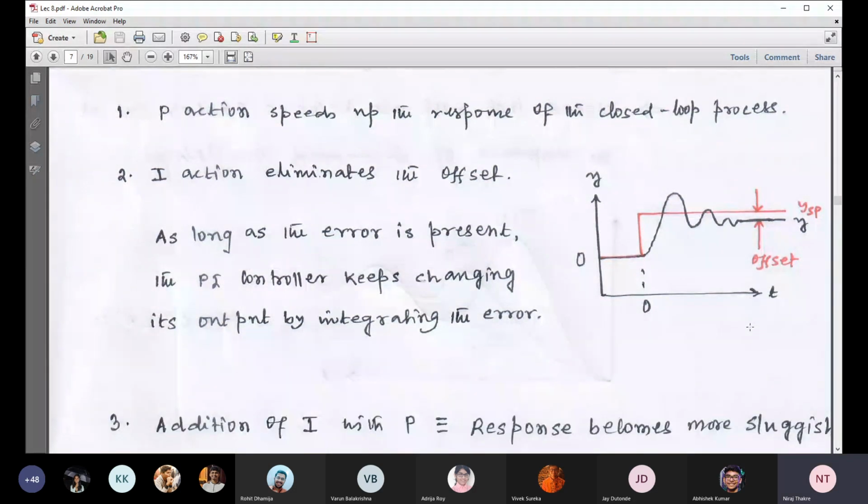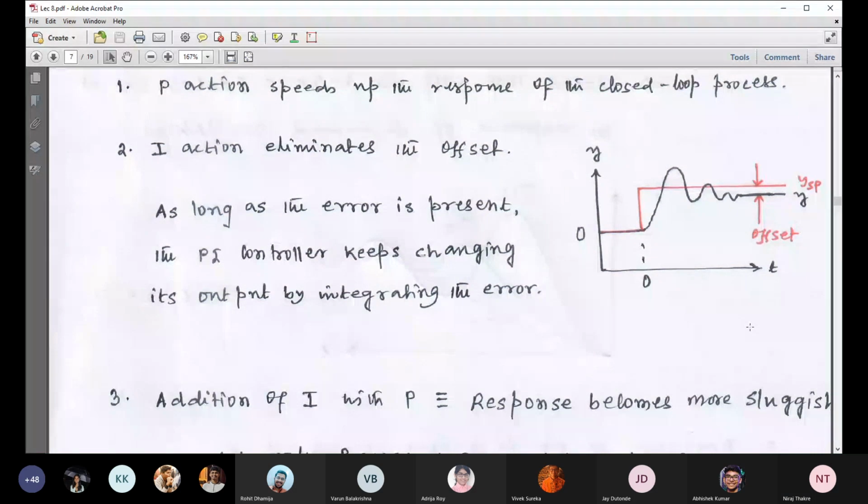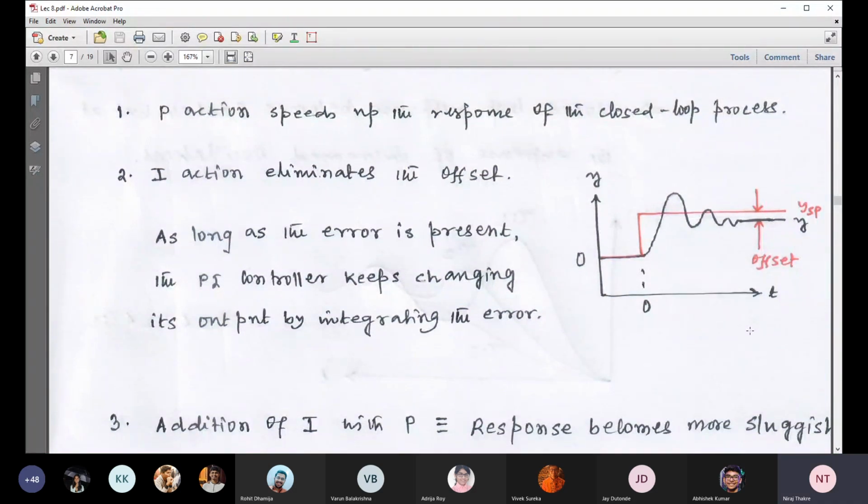Next point is quite interesting, you see. If we add integral action with proportional action, the overall response becomes more sluggish. I mean, if you do not consider integral action and use only proportional action, you will have a faster response.